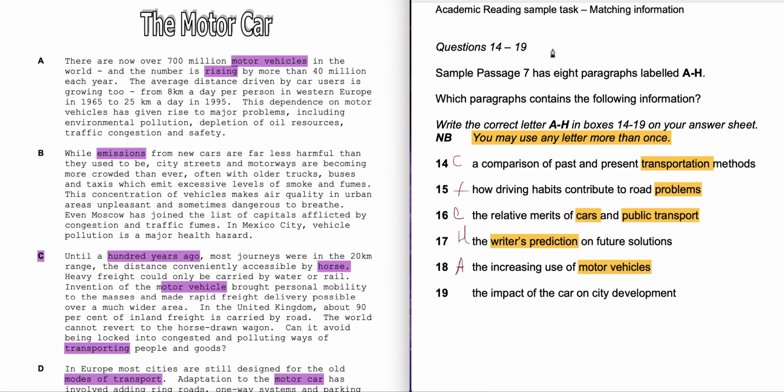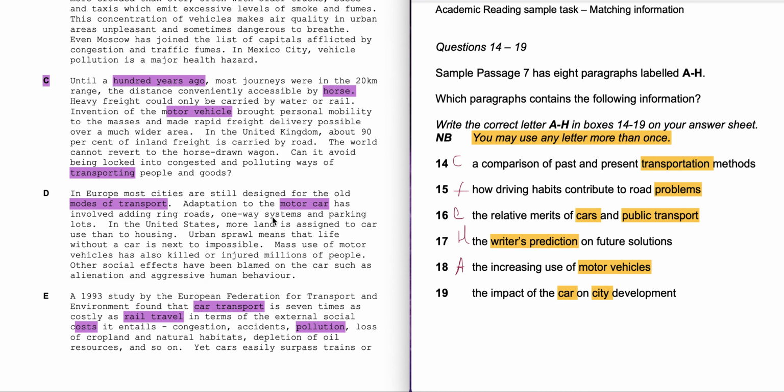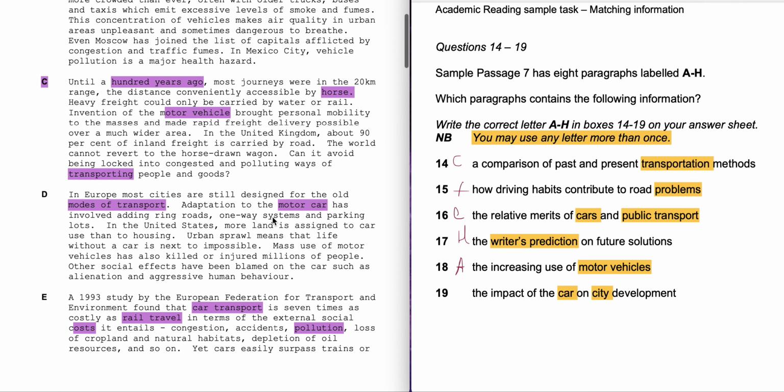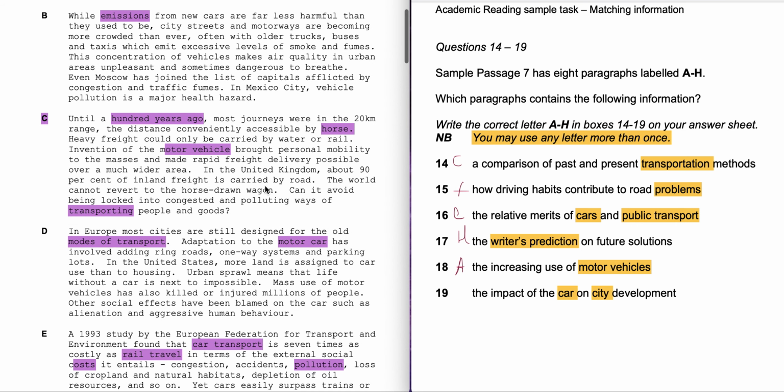So question number 19, the impact of the car on city development. So I'm going to highlight the words car and city. So as you guys remember, we had somewhere some information related to the cities, and as you can see in the text D, they were saying in Europe most cities are still designed for the old motor transport.